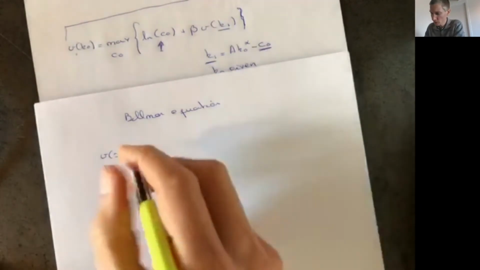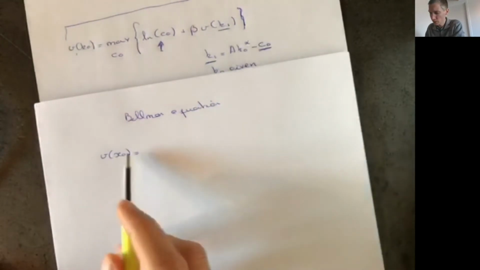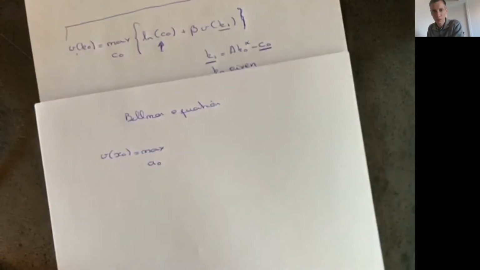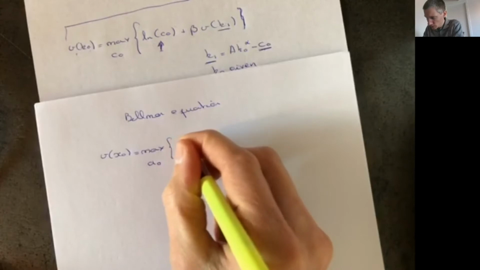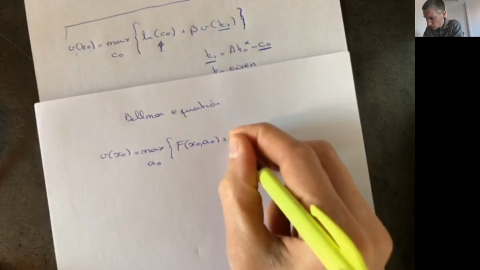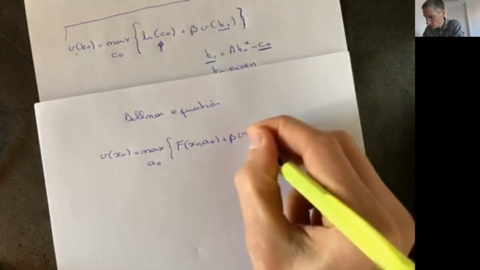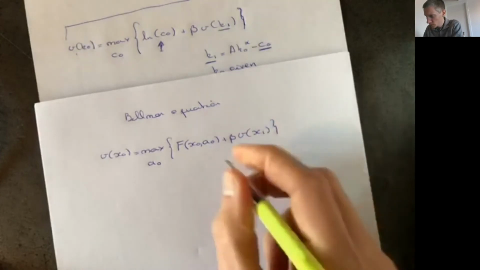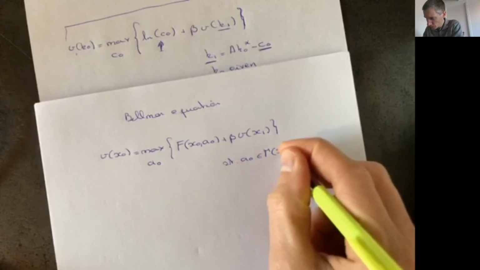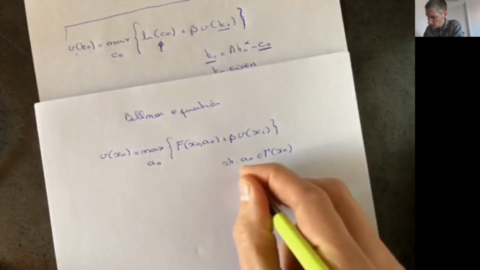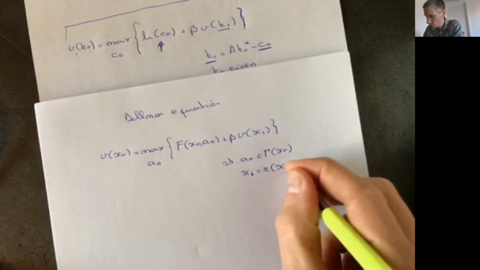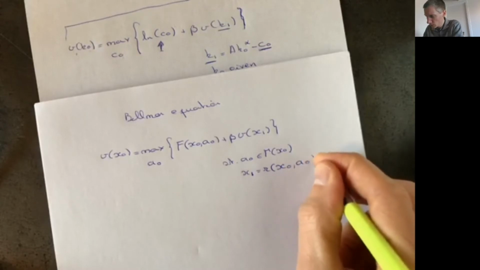So V, the value function depending on the initial state x0, is going to be the maximum over a0 of the instantaneous utility f(x0, a0) plus beta V of x1, subject to the constraint that a0 is in Gamma of x0, and that x1 is equal, via the law of motion, to g(x0, a0), right?